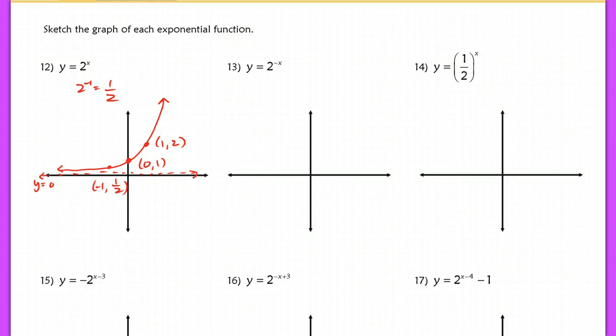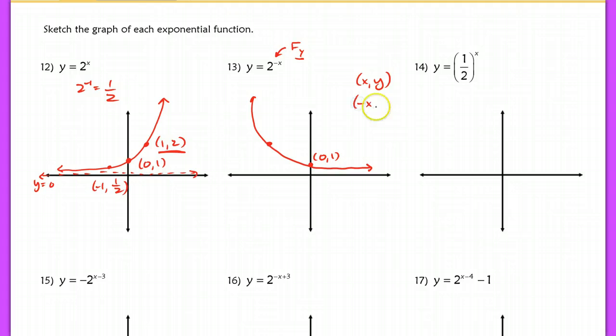And then when I graph 2 to the negative x, I know that this is a reflection, a flip over the y-axis. So now my sketch should look like that. I take our point 0, 1, I keep it the same. Now, if you were to find this actual coordinate, this is a flip over the y-axis, right? So it's taking your coordinate x, y, and you're going to multiply the x value by negative 1.